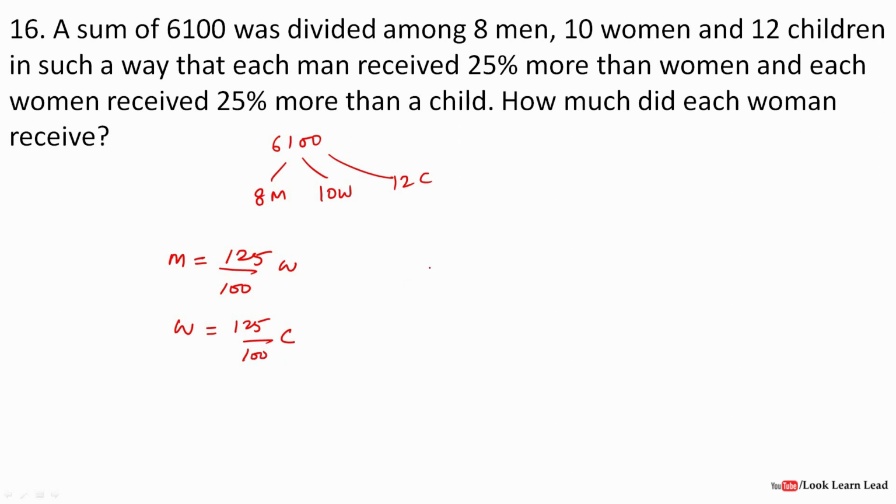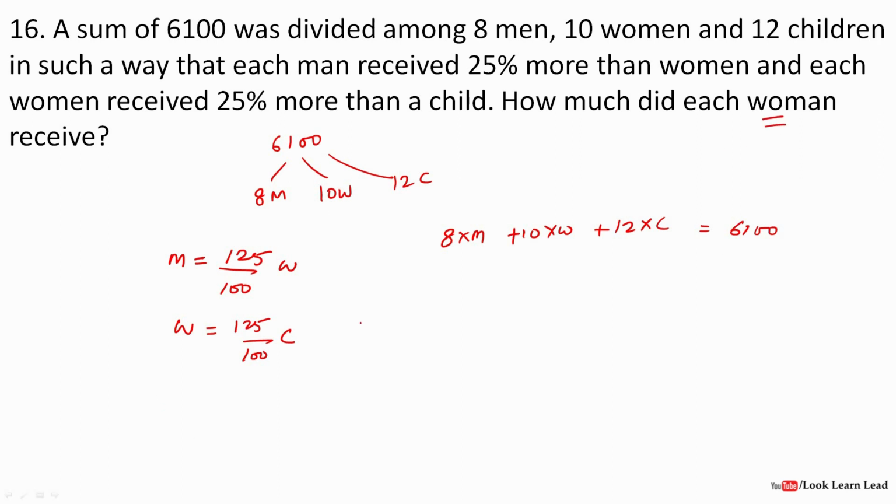So the sum is what? 8 into men plus 10 into women plus 12 into child should be equal to 6100. This is what is given, and we have to find it for women.